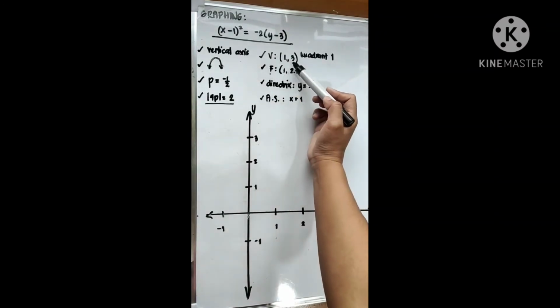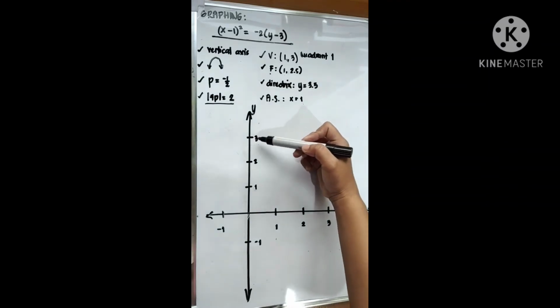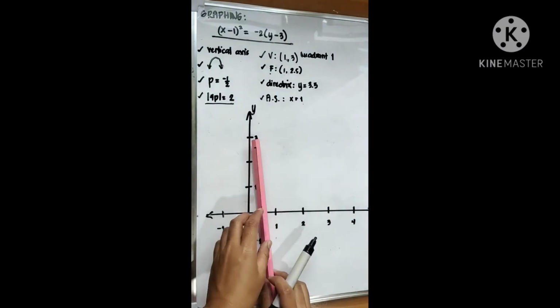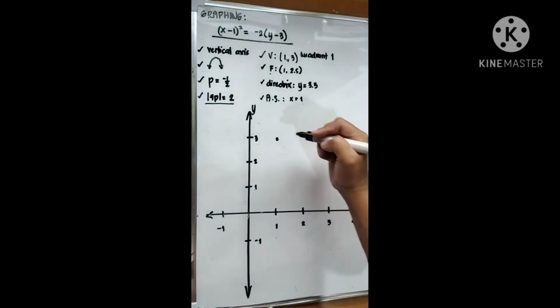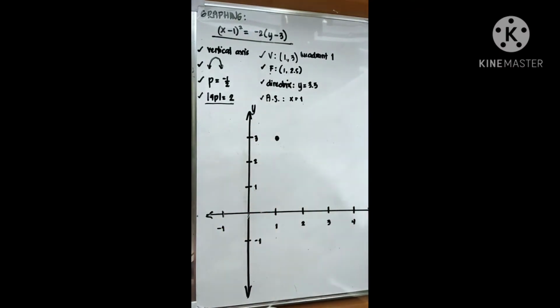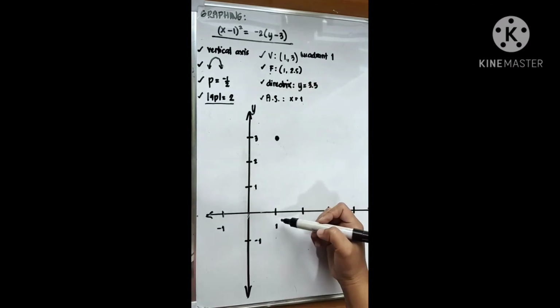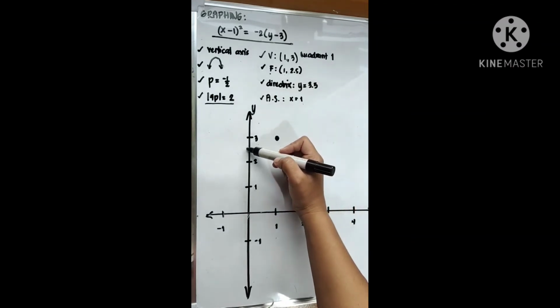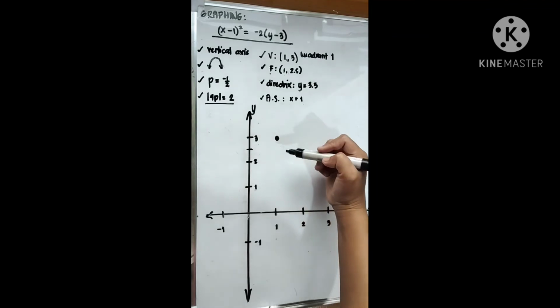So, vertex has the coordinates (1, 3). So, 1 for x and 3 for our y. So, this is now the vertex of our parabola. Now, for the focus, the coordinates are (1, 2.5). So, 1 for x and 2.5 for the y. So, it's in the middle of 2 and 3.